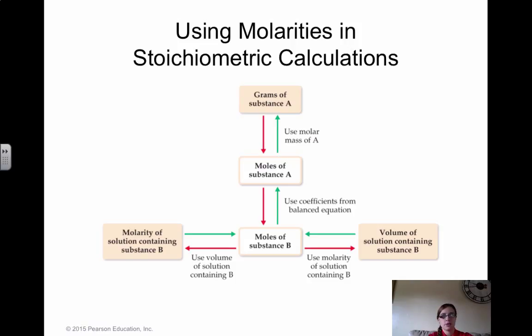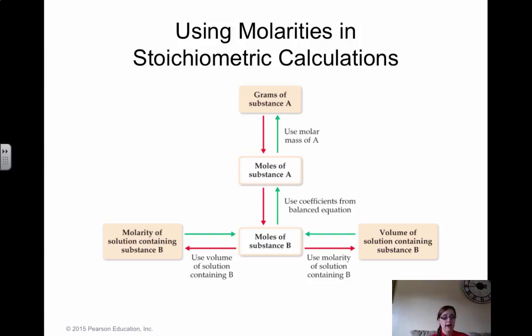A problem-solving strategy that you might want to use as you work through these problems is first figure out what you have present in solution and determine what reaction occurs. Then write the balanced net ionic equation. We talked about net ionic equations in the last video. You always want to write that net ionic equation and balance it. Then calculate moles of reactant, whether that means use molarity and volume, maybe you're given grams, but always go to moles.